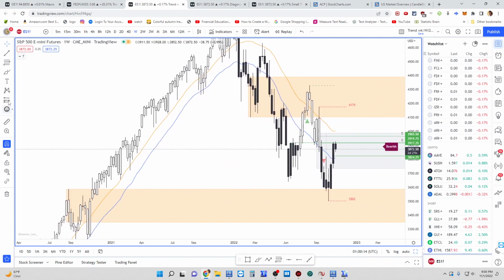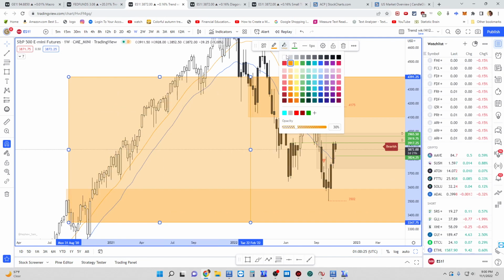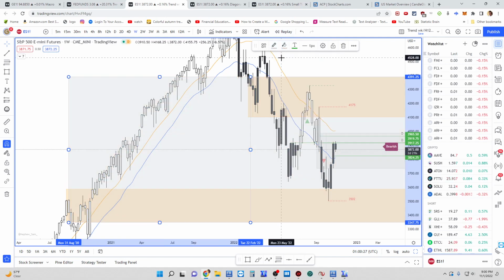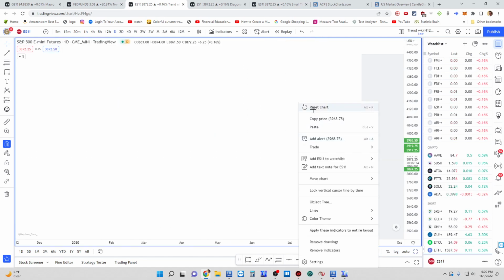It's a lot bigger than no man's land here, and we could try to encapsulate just the area of that weekly. So we'll put this as a gray box here, and then sync this and move to the daily.